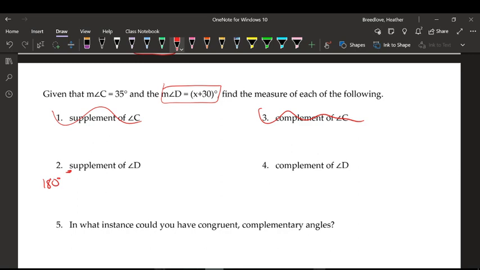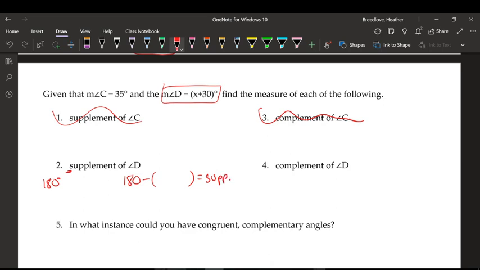But without looking at angle D, we know it's going to be 180. And what are we going to do with the 180? That's the total. If we take away the one we know, angle D, what's left over is its supplement, right?